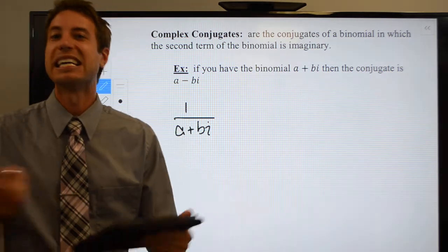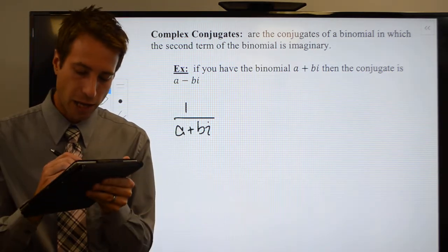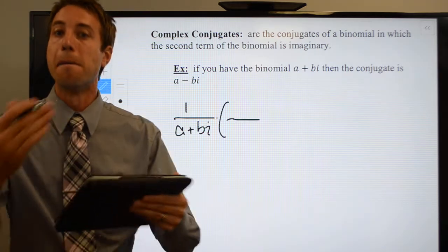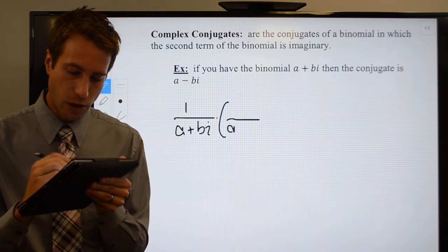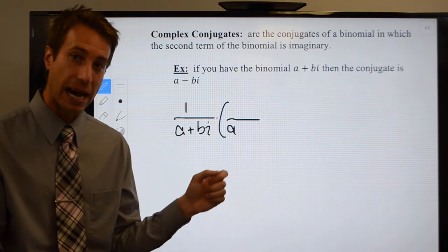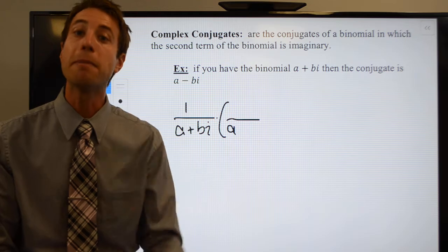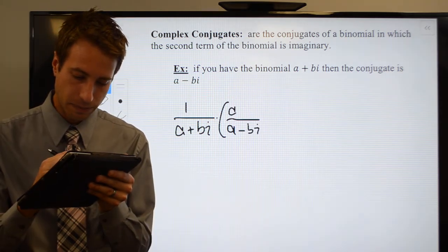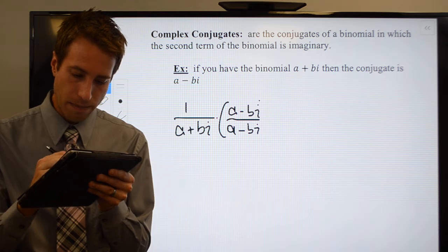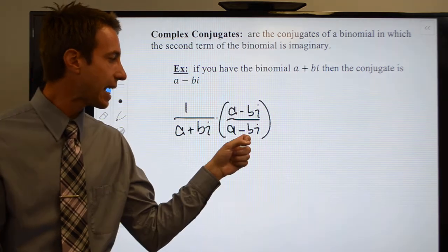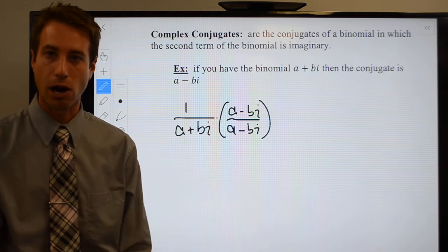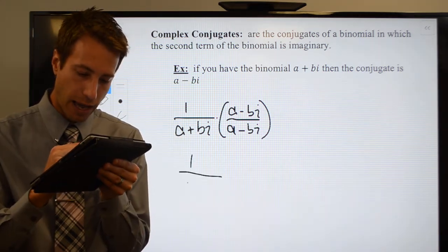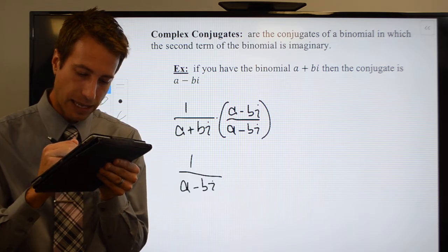My bottom is a plus bi, so I will multiply top and bottom by the complex conjugate, a minus bi. What if instead you were given 1 over a minus bi?